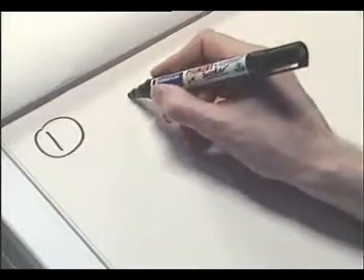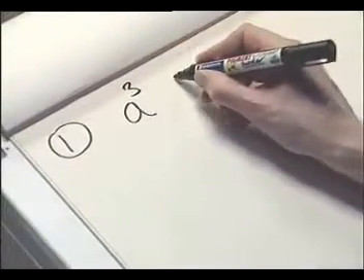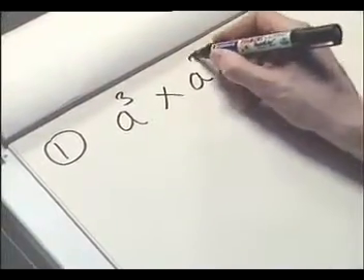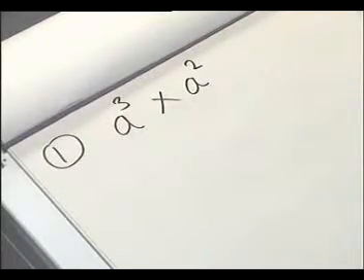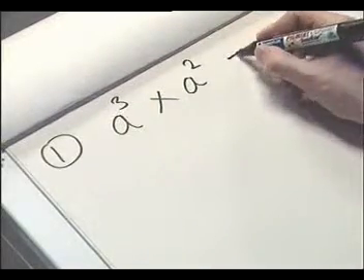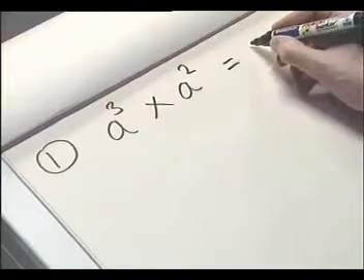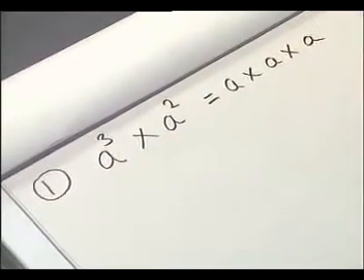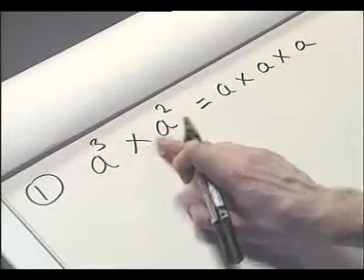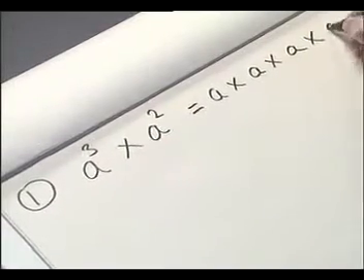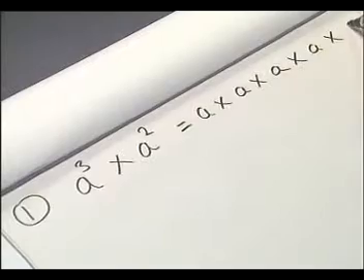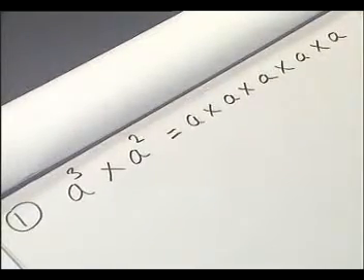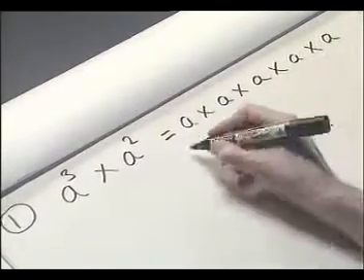So let's begin with our first rule. Supposing we have a cubed and we want to multiply it by a squared. What's our result? Well, we know what a cubed is. That means a times a times a, 3 times. Times by a squared, so that's a times by a on the end there. And altogether we've got 5 of them.